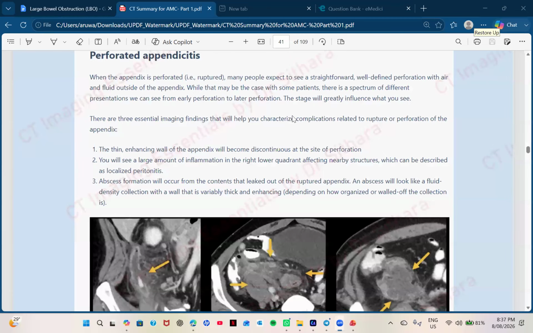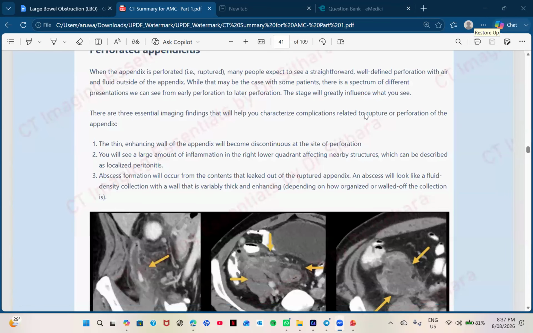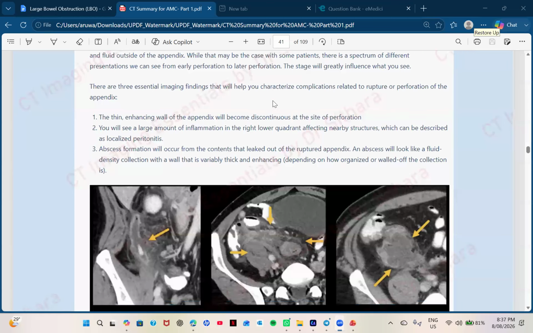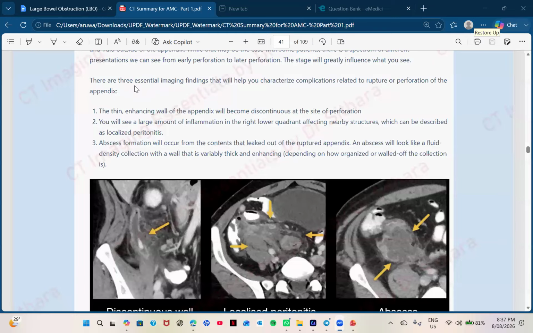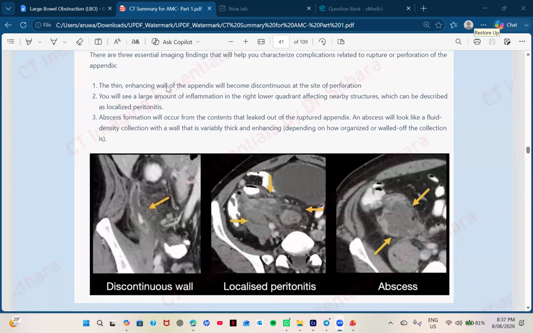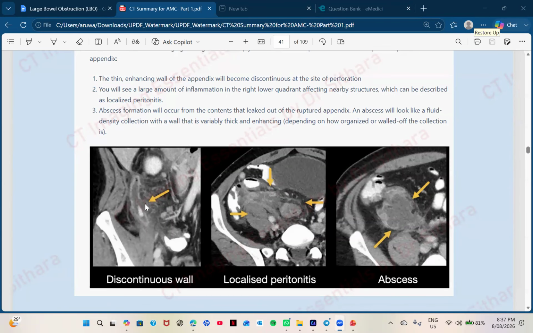While that may be the case with some patients, there's a spectrum of different presentations we can see, from early perforation to late perforation. Stage will greatly influence what you see. Okay, there are three essential imaging findings. First, the thin enhanced wall of the appendix will become discontinuous at the site of perforation. A discontinuous wall.